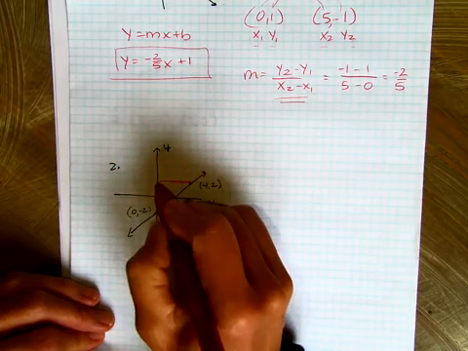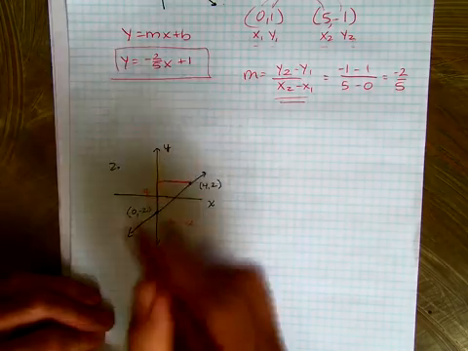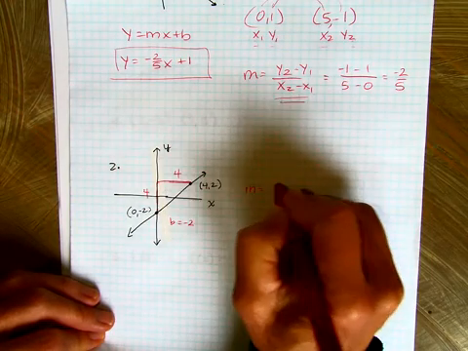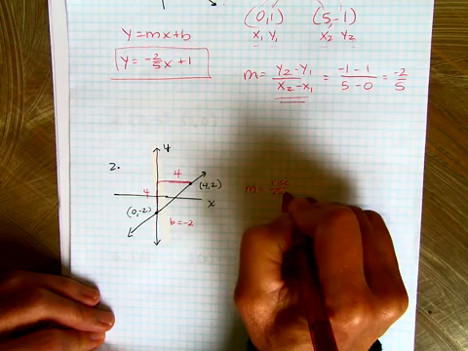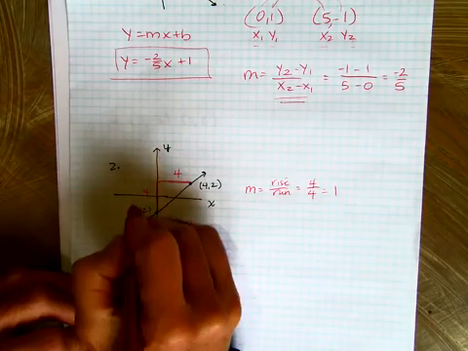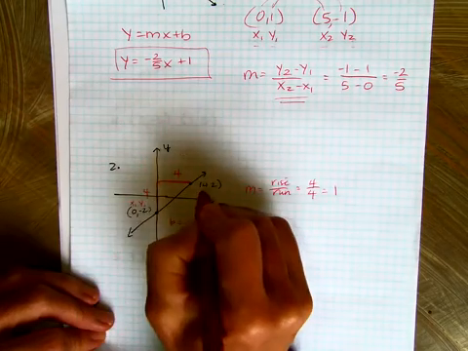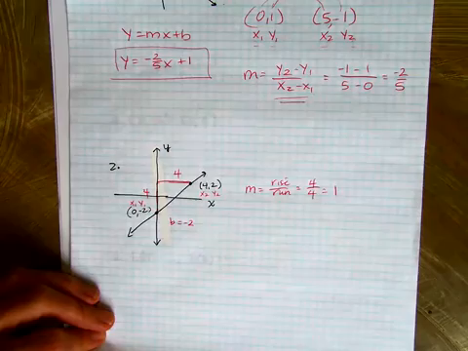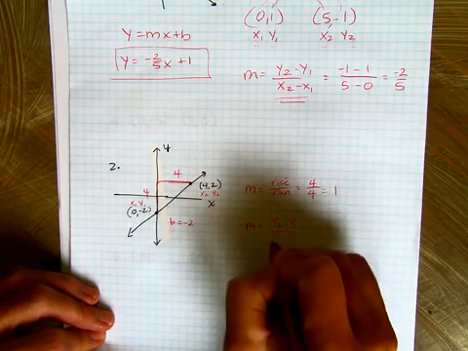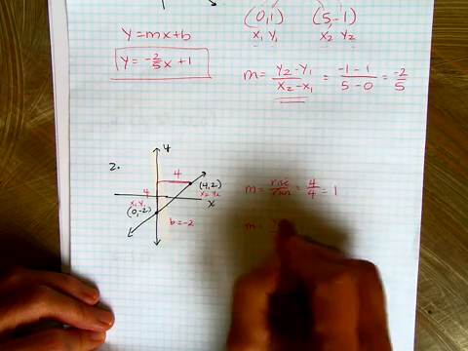And if I go from -2 to +2, that's a rise of 4. And if I go from 0 to 4, that's a run of 4. So my slope is rise over run. My rise is 4. My run is 4. That's 1. If I do this again, where I label this x1, y1, and that x2, y2, and I plug it in, y2 minus y1, that's my rise.